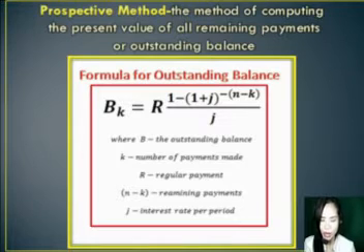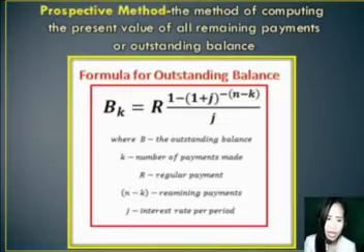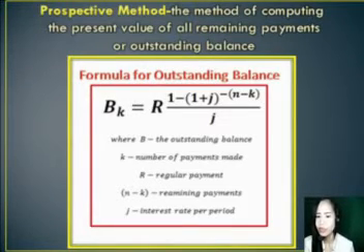The formula that we are going to use is simply the present value formula that we used in the previous module, but we replaced it by B. B is the outstanding balance, K is the number of payments made, R is the regular or periodic payment, N minus K is the remaining payments, and J is the interest rate per period.